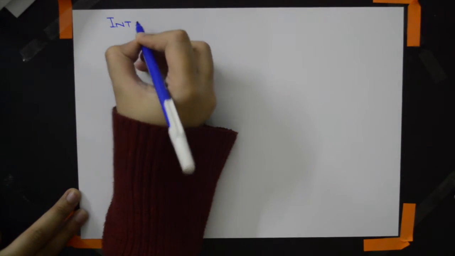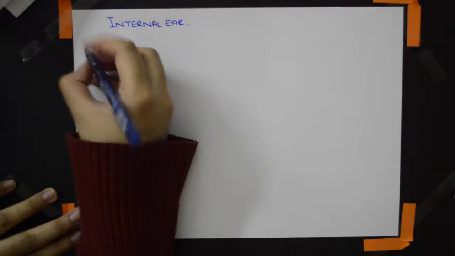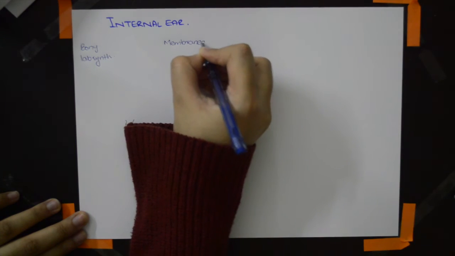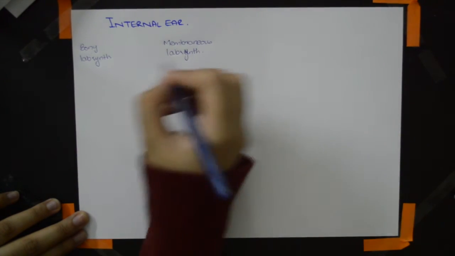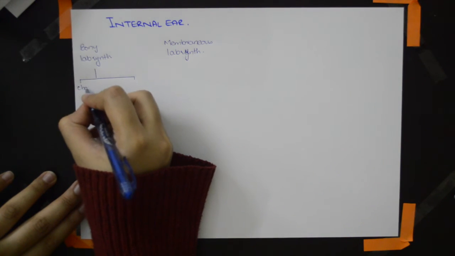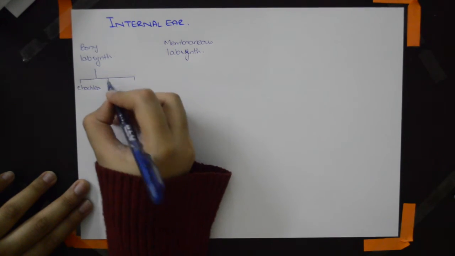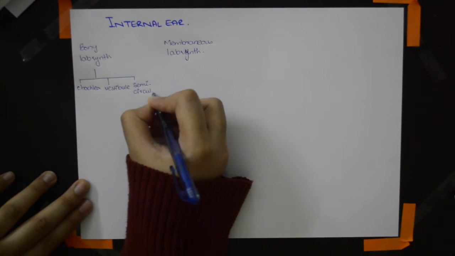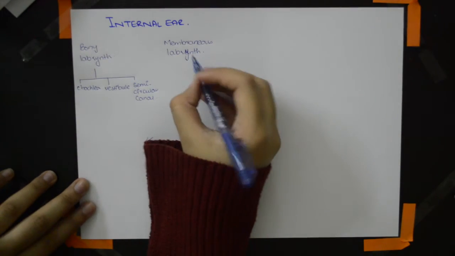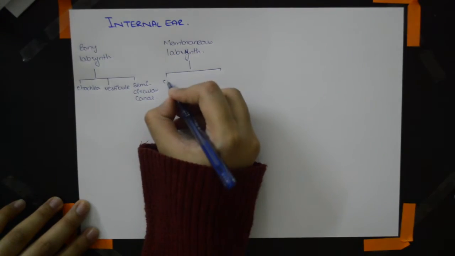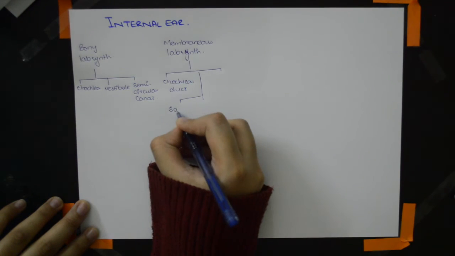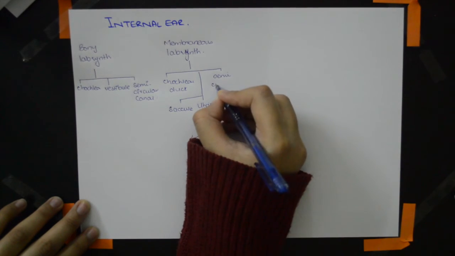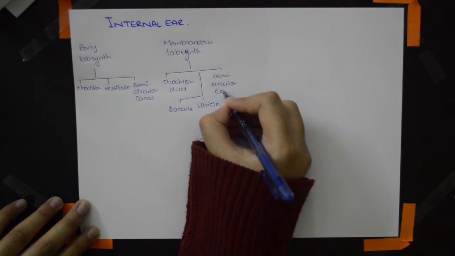Now let's talk about the internal ear. It has 2 parts, the bony labyrinth and the membranous labyrinth. The bony labyrinth has the cochlea, vestibule, and semicircular canals. The membranous labyrinth has the cochlear duct, saccule, utricle, and semicircular canals.